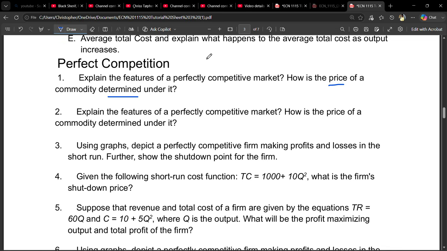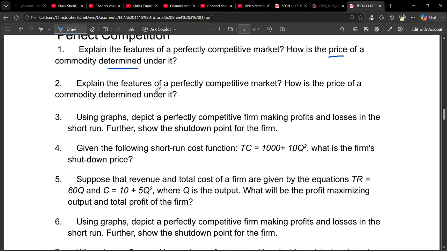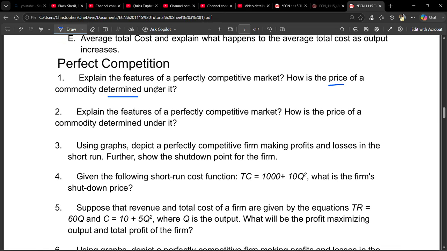It doesn't mean that they're producing the same goods, but they produce identical goods with other firms. They have no price control over the market price. They are too small to influence the market on their own. So one firm cannot just come from nowhere and say, okay, I want to start producing something at this price, because no one is going to buy if they do that.